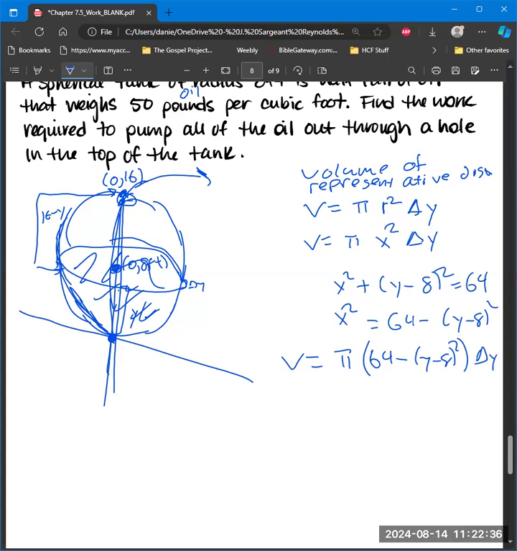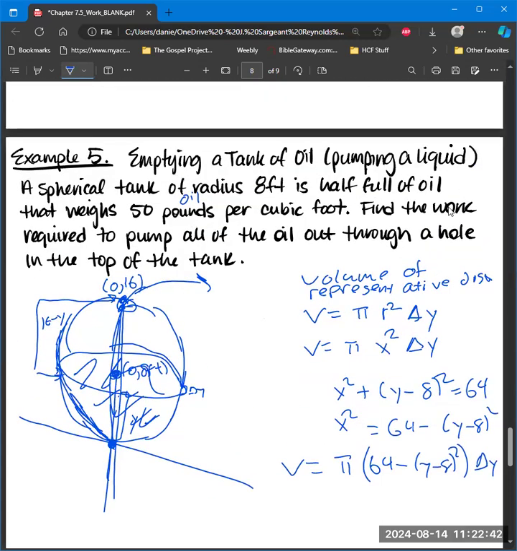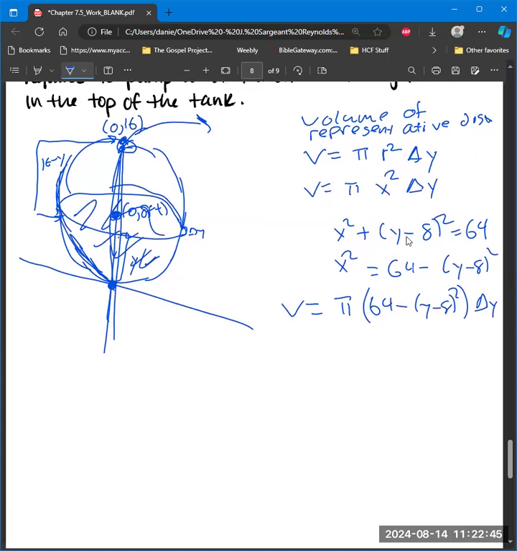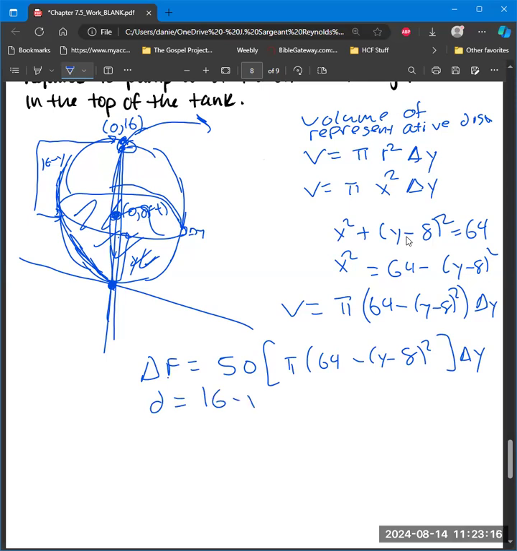Now that volume, when I multiply it times the 50 pounds per cubic foot, is going to give me the weight of each slice. So delta F is going to be 50 times pi times (64 minus (y minus 8) squared) delta y. Remember, the distance that we're interested in moving it is 16 minus y.